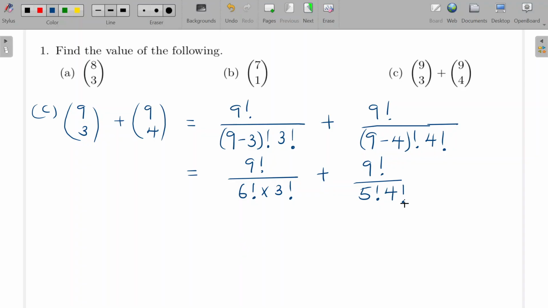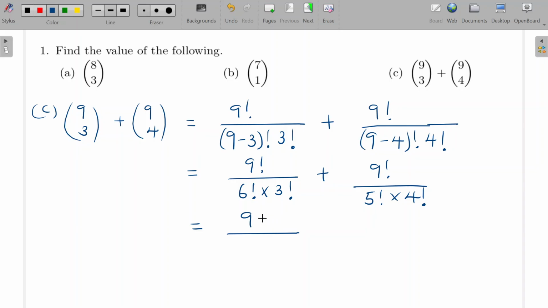Okay, let me write it like this: 9 factorial over 5 factorial times the 4 factorial. So when you reach this point, you're going to say this is equivalent to 9 factorial over, so let me reduce this.